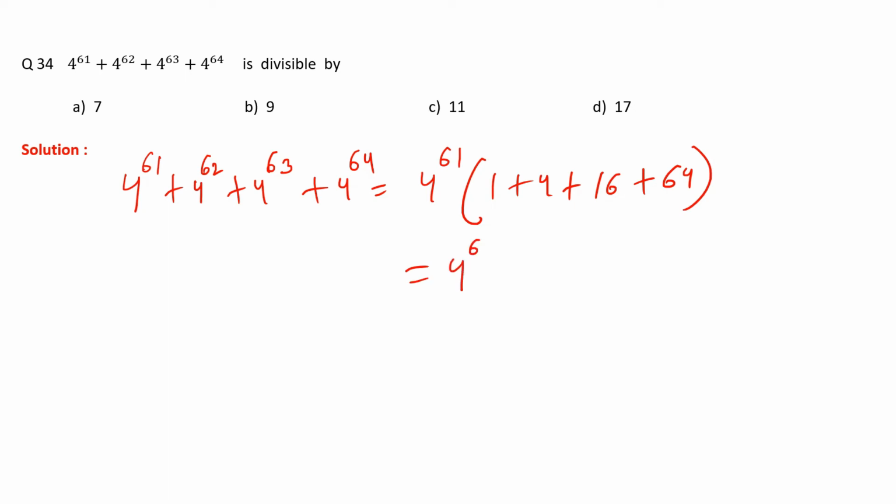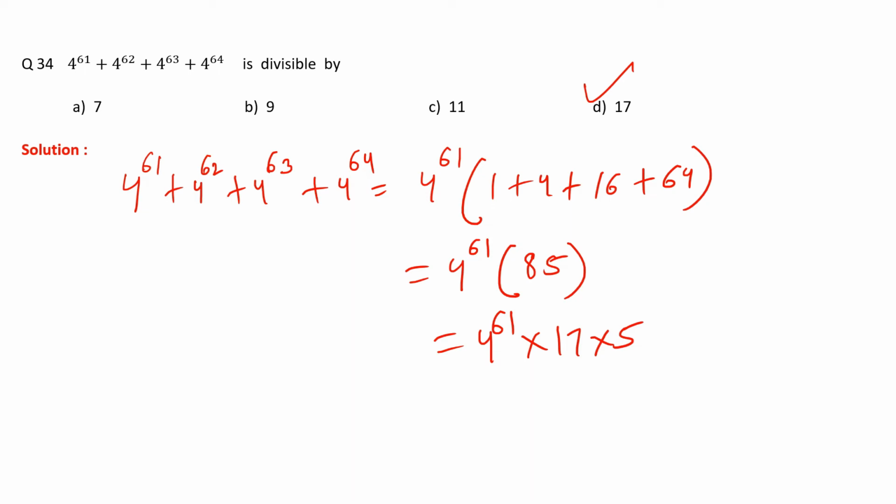So it becomes 4 to the power 61 into 64 plus 20, 84, plus 1, 85. So now clearly we know that 85 has one of the factors as 17. That means it becomes 4 to the power 61 into 17 into 5. So this is clearly divisible by 17. Hence D option is the correct one.